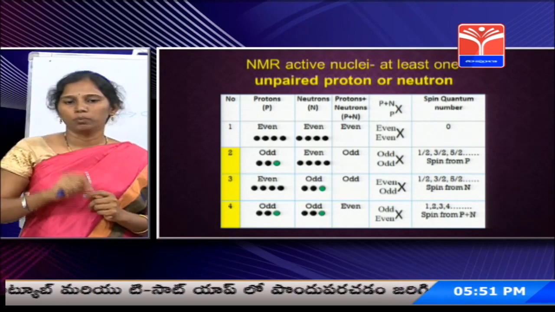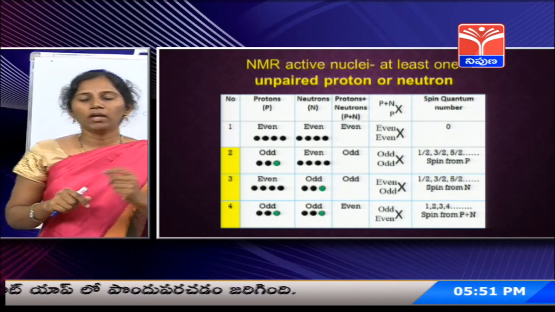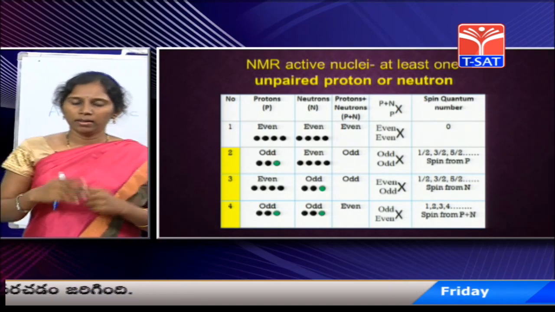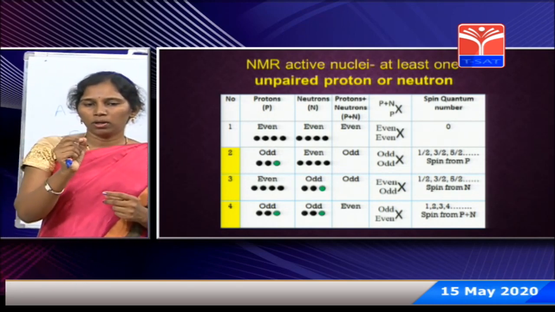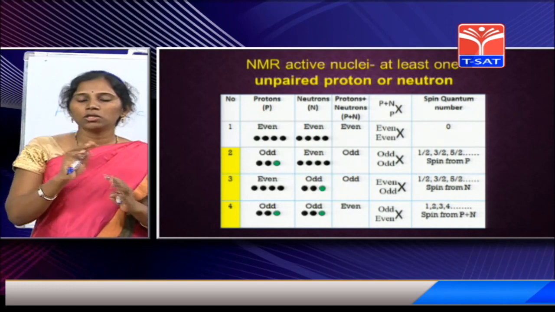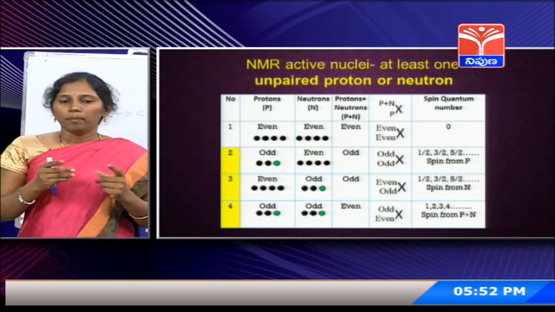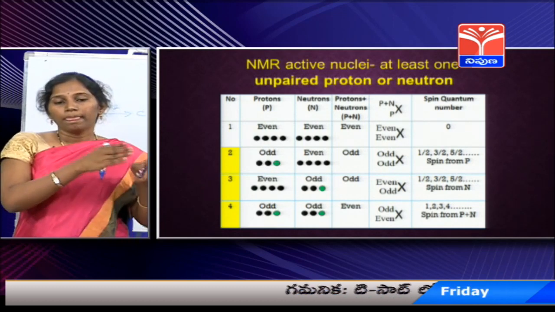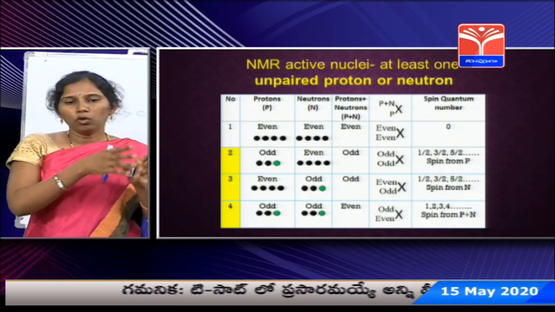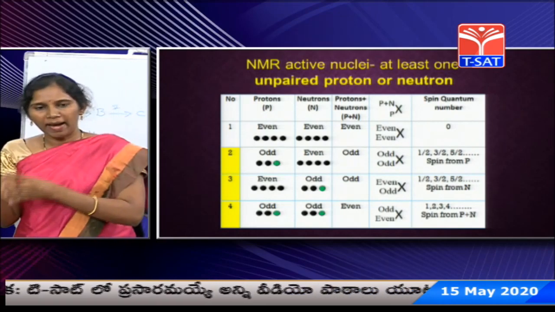If you take case 3, the even-odd combination, here you may get a doubt, because the unpaired particle is a neutron, which does not have a charge. But initially I was telling that only a charged particle produces a magnetic field.